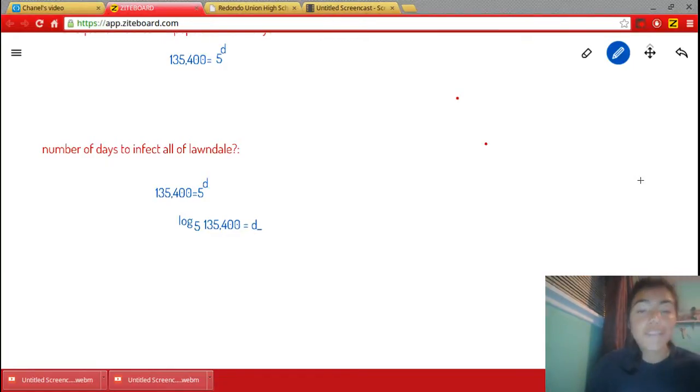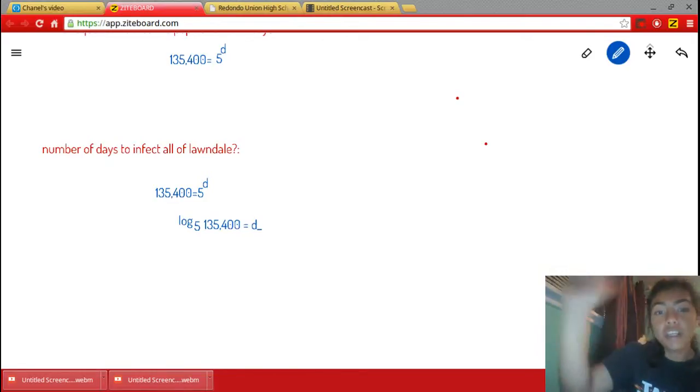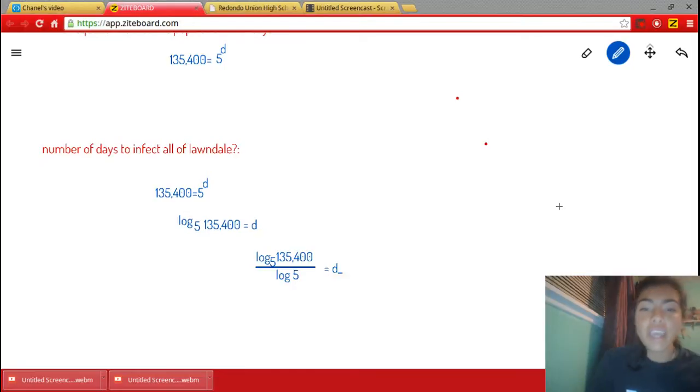With our base being 5 and our population being next to it, we're solving for how many days. Next, since we don't have a base of 10, we are going to put it into log formation where we have our written number over our base. And once we put it in that formation, we're going to take our handy dandy little calculator.